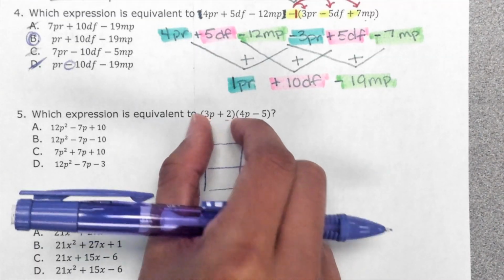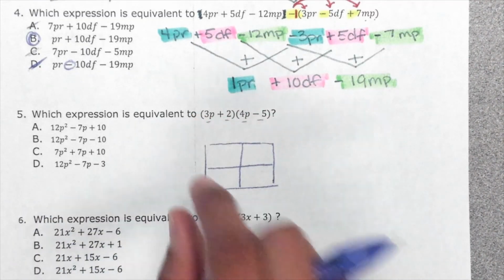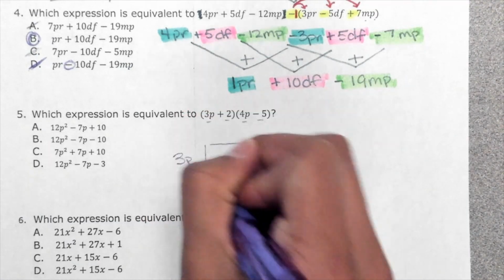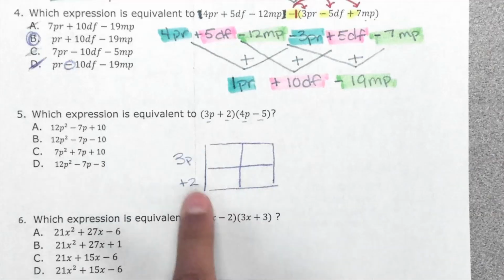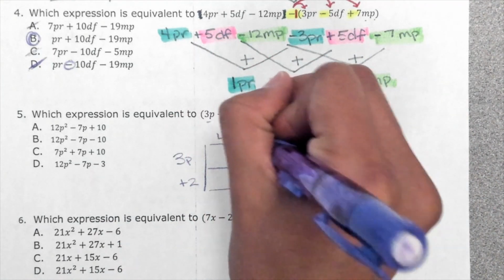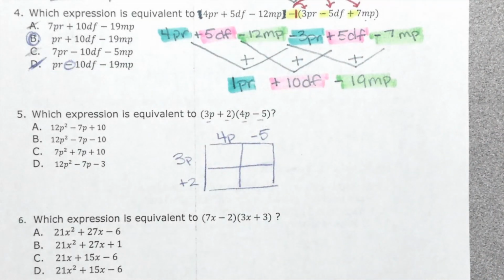As long as you place your binomials together in whichever side. So I'm going to place 3p plus 2 on the left side, and I'm going to place 4p minus 5 on the right side.